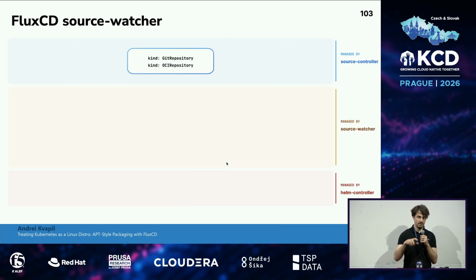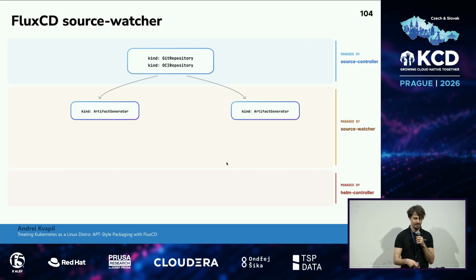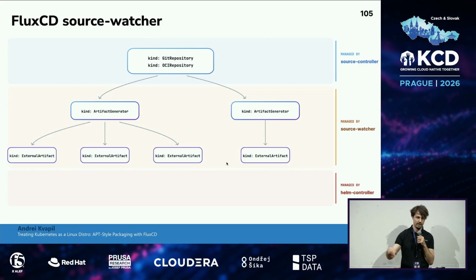In fact, it integrates with the same FluxCD entities. The source controller is the first. You have kind GitRepository, or kind OCIRepository. You can even use kind HelmRepository. Then you can create kind ArtifactGenerator, and out of this artifact generator you get a few external artifacts generated.